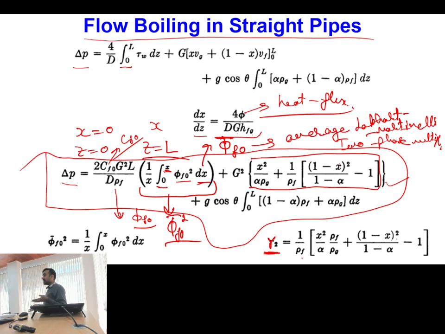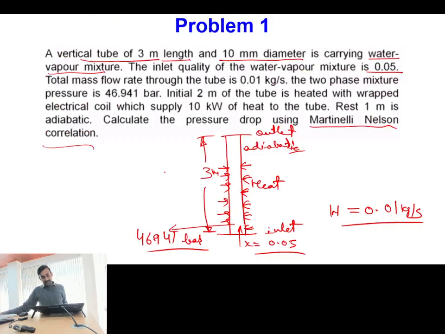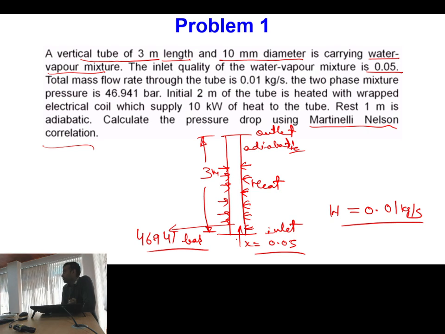Every time I was considering that my inlet quality is 0. But now in the question it is given that my inlet quality is 0.05. So in order to make inlet quality equal to 0, I need to extrapolate this length up to the point where my inlet quality becomes 0.